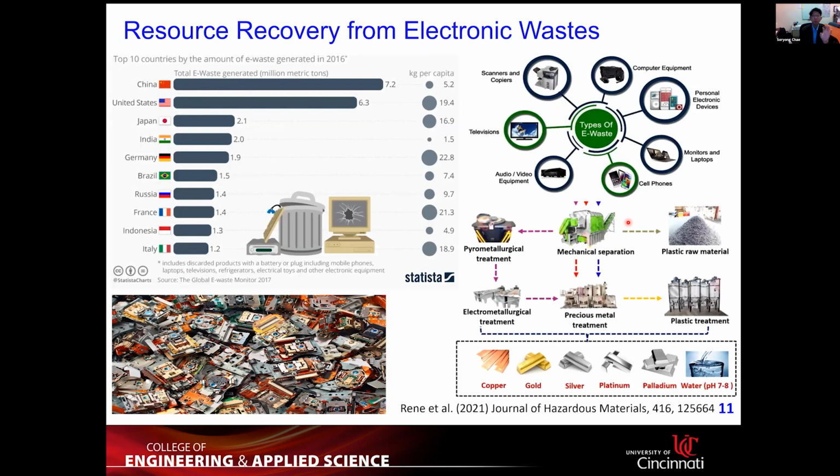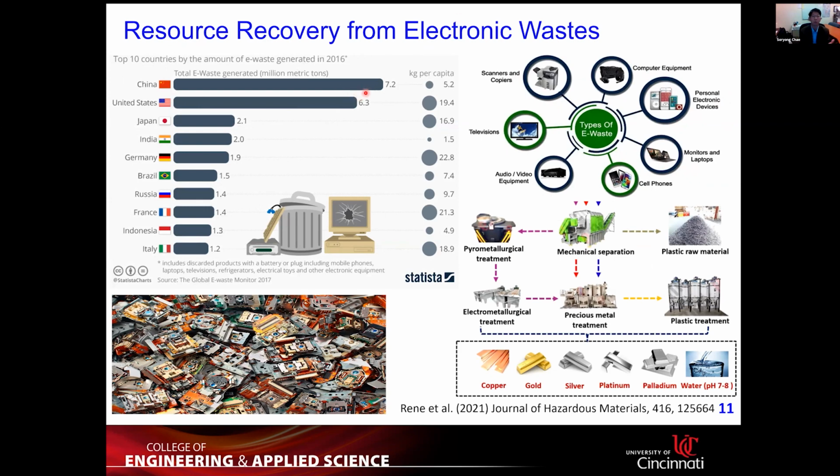So I'm looking at a slightly different aspect of our society, right? We produce a lot of electronic products: computers, personal electronic devices, mobile phones, monitors, televisions, scanners, and printers. All these products contain metals and sometimes rare earth elements.